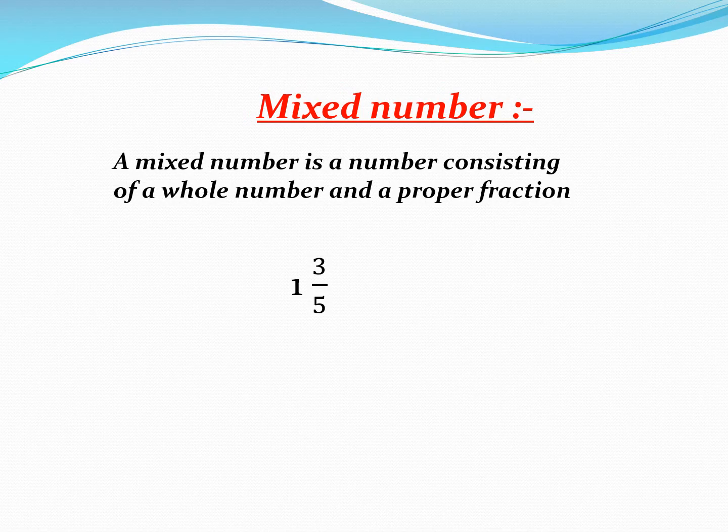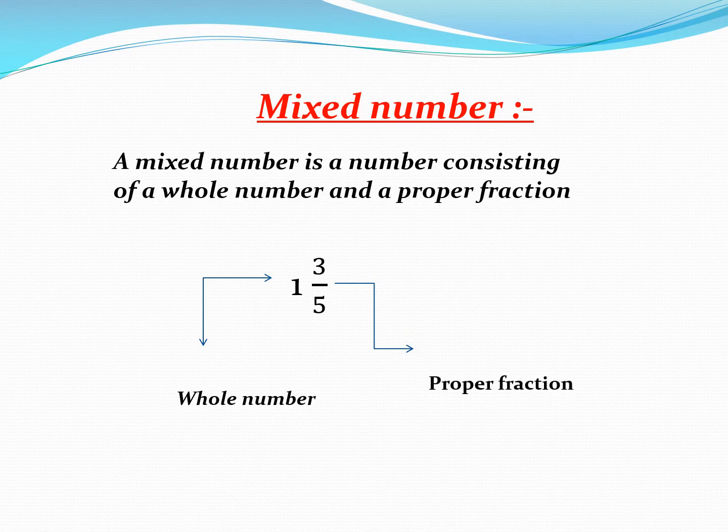We have 1 as the whole number and 3/5 as the proper fraction. Why is it a proper fraction? Because, as we said before, in a proper fraction the numerator is less than the denominator. So 3 is less than 5, so it's a proper fraction. So again, a mixed number consists of a whole number and a proper fraction. I can read it as 1 and 3/5.